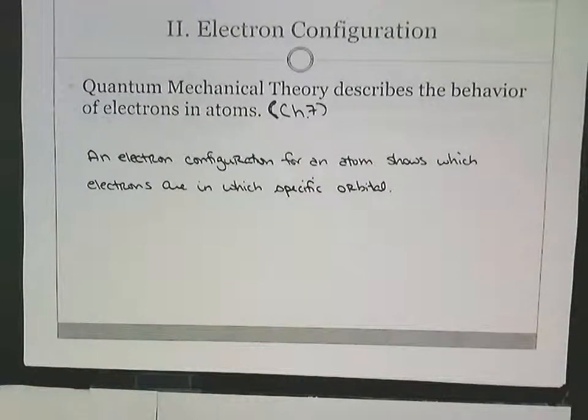Now, can we know exactly where they are? No, we don't know exactly, but we can make a best guess as to their 4 quantum numbers. Based on probability, we can make a pretty good guess of where they're going to be.